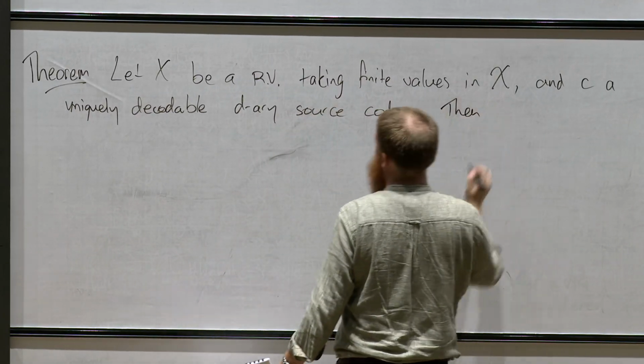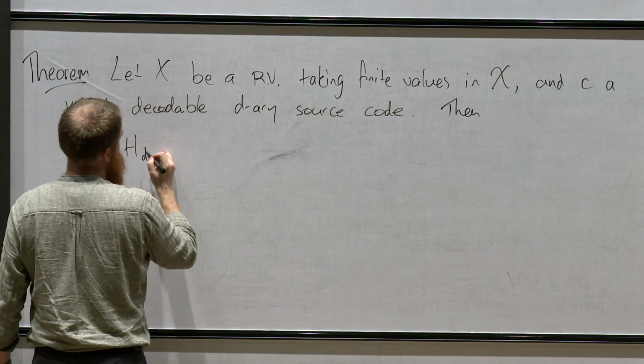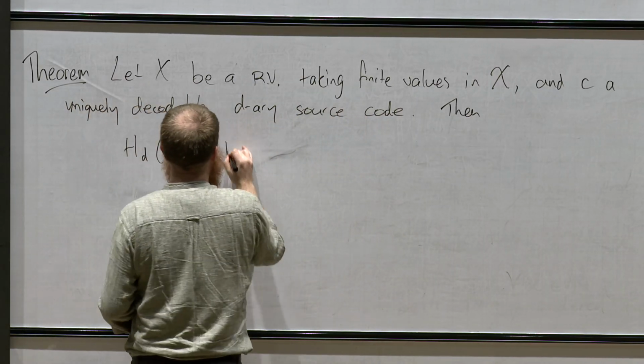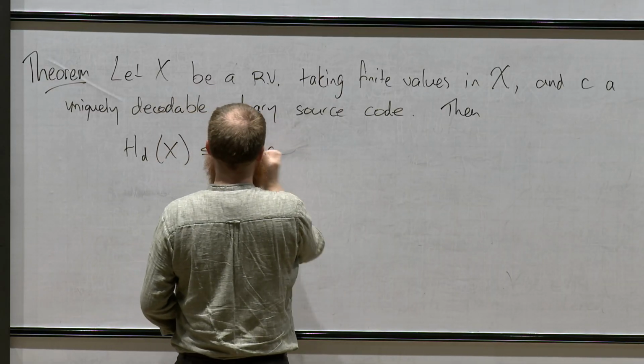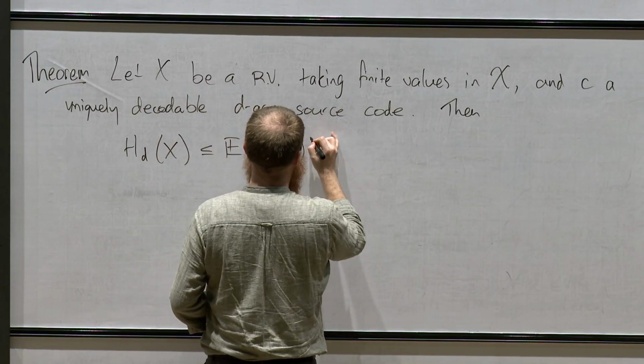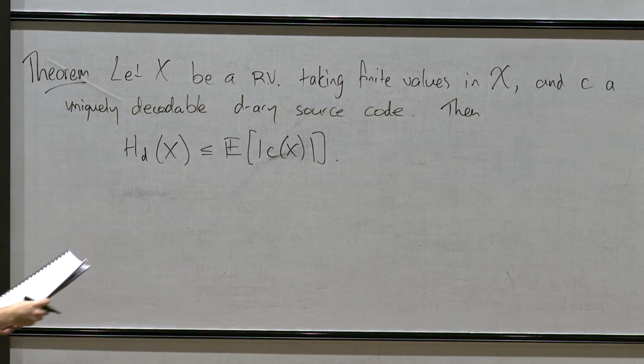Then the entropy to the base D of X is less than or equal to the expected value of the length of C of X.